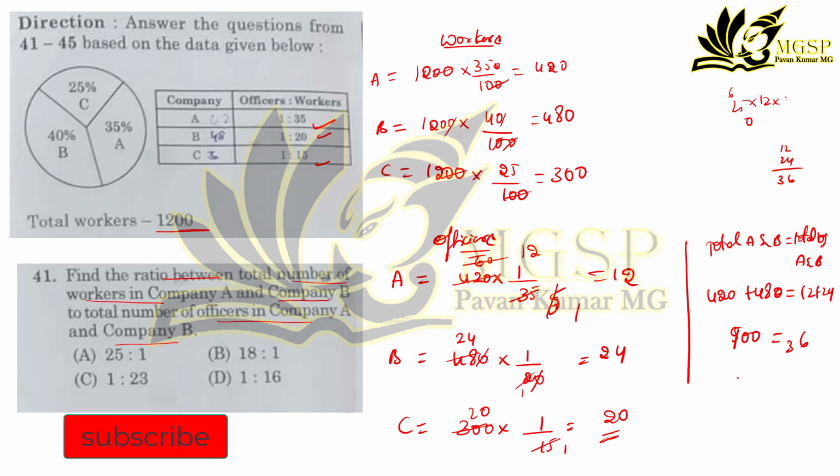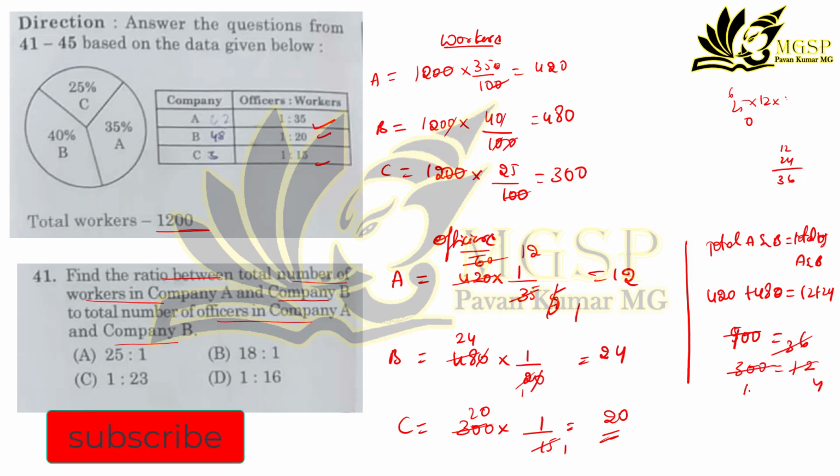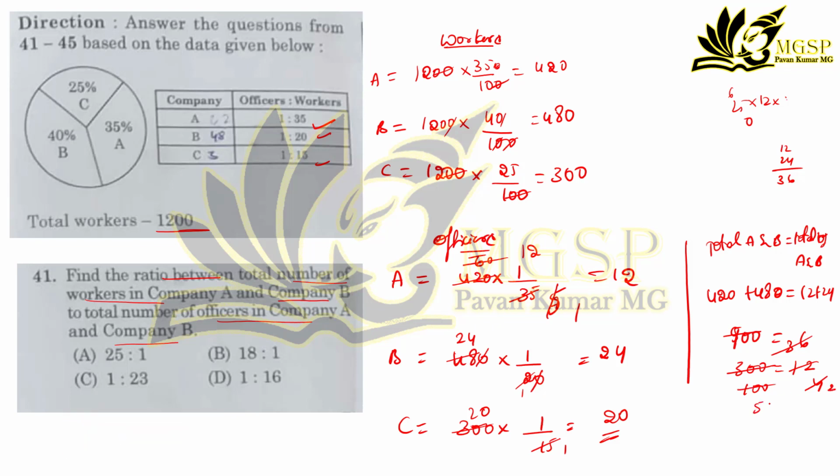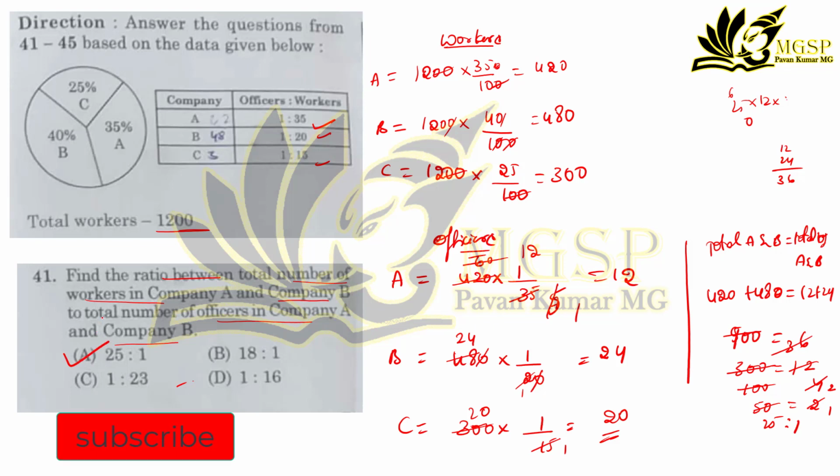Now solving 900 by 36, we get 25 to 1. So 25 to 1 is the correct option. The correct option is A.